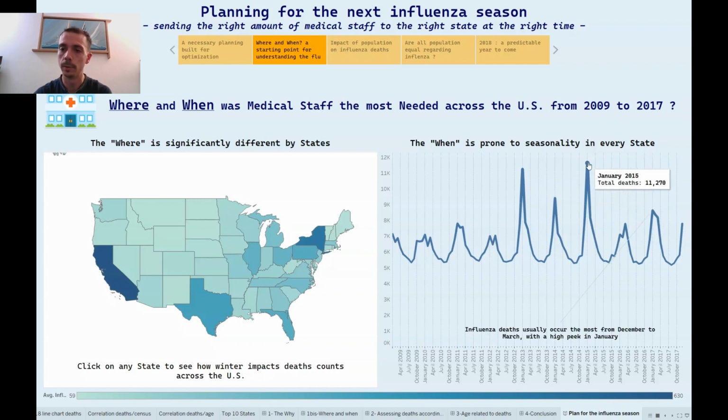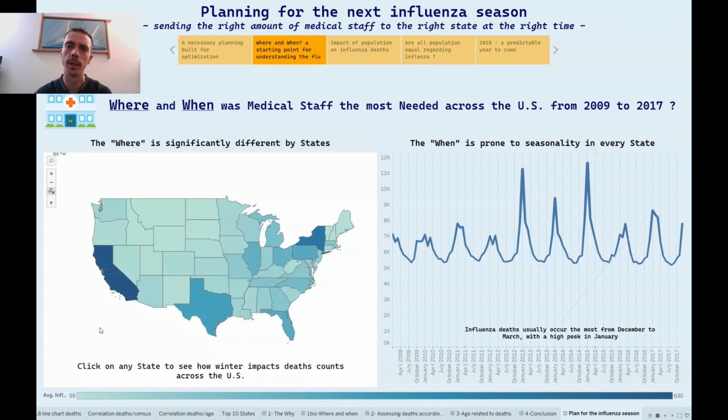Overall, we noticed a pattern with high peaks of mortality in January. We could say that the season goes from December with a high peak in January up to March, as we see in 2015.